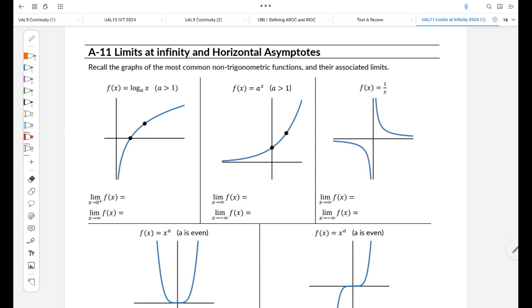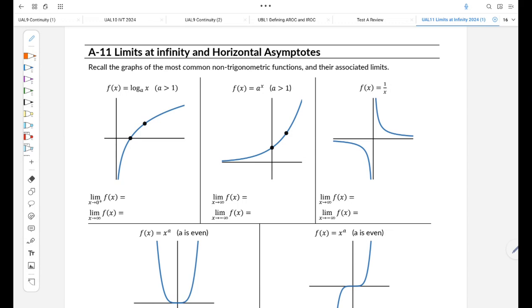Logarithms can't have negative numbers plugged into them, right? If you look at that graph, I have the y-axis all the way to the left because this graph only gets positive. You can only plug positive numbers into a logarithm. We talked about that when we were doing domain. So the two limits that we need to know about logarithms: first, what happens as you're approaching zero.